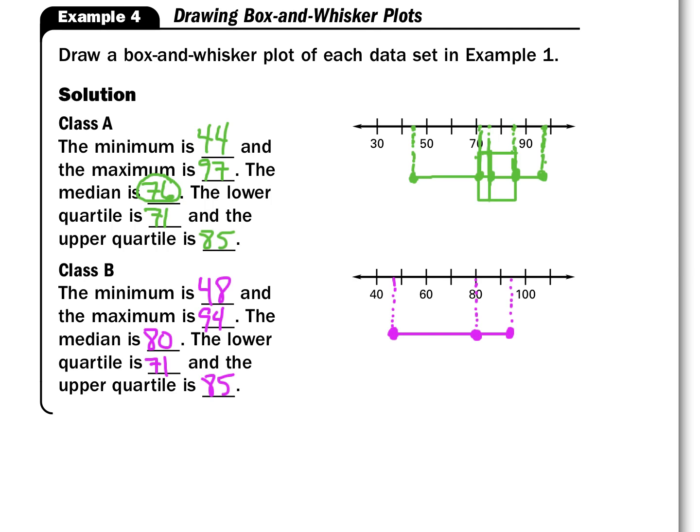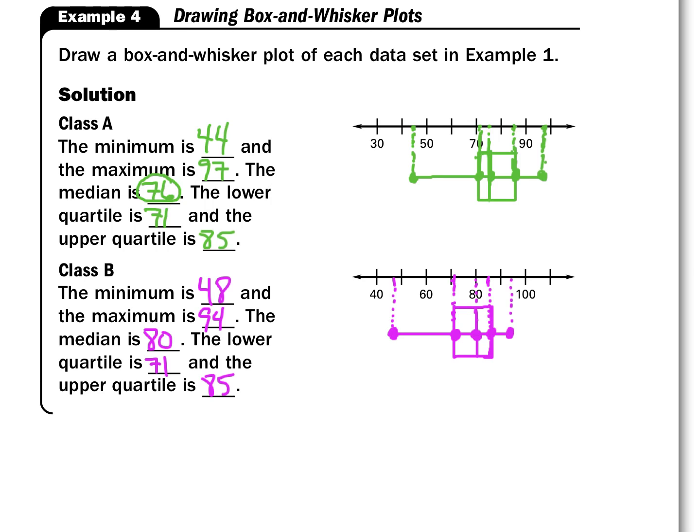Lower quartile was 71. And upper quartile was 85. Okay, again, draw a box around the upper and lower quartiles and a line going down through the median. And there's our box, and our maximum and minimum are our whiskers.